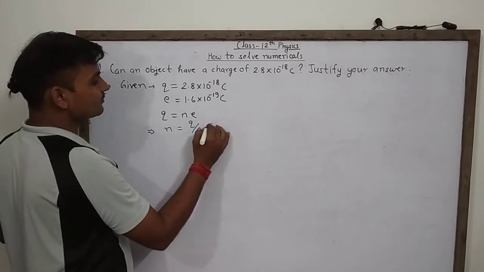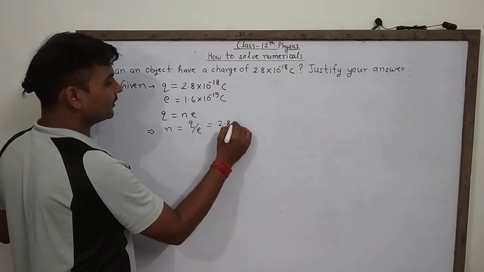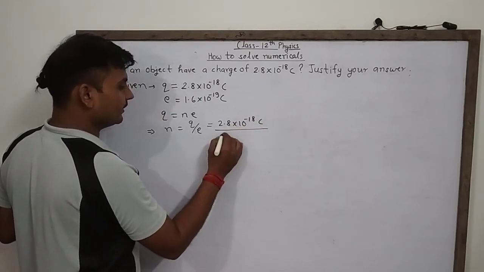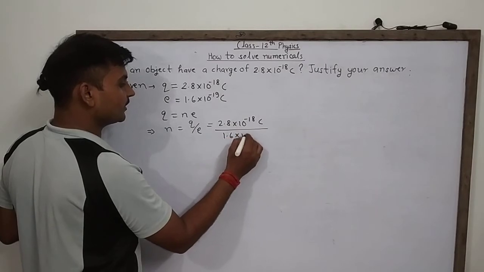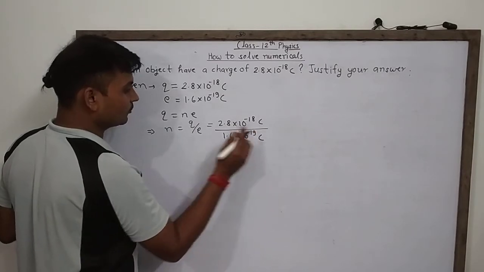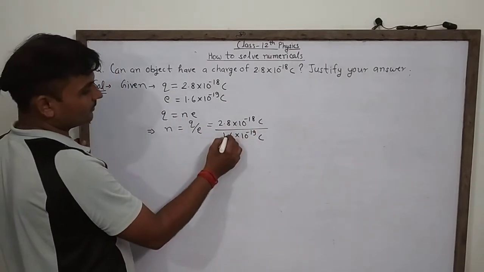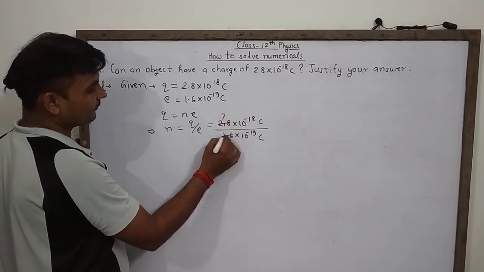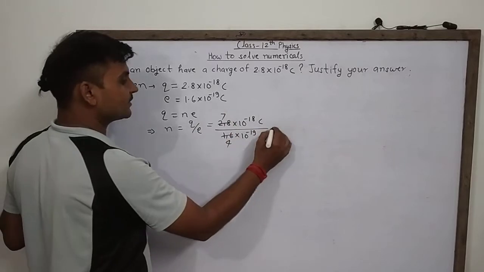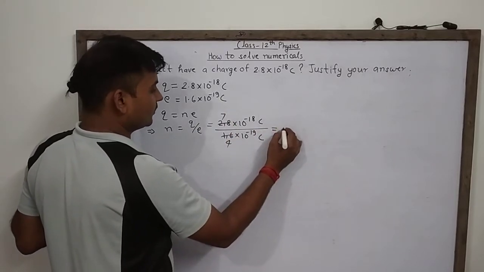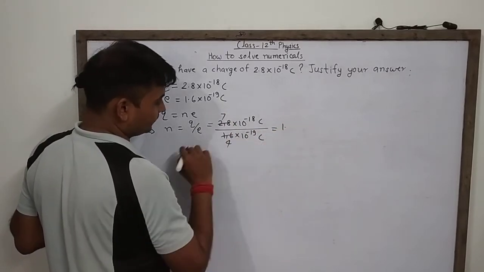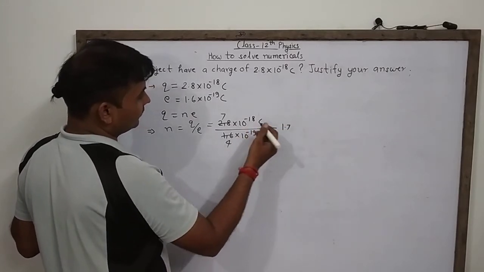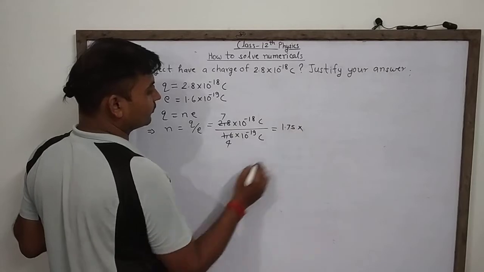Here Q is 2.8 into 10 to the power minus 18 coulomb, and E is 1.6 into 10 to the power minus 19 coulomb. If we solve this, we divide 28 by 16 and get 1.75.